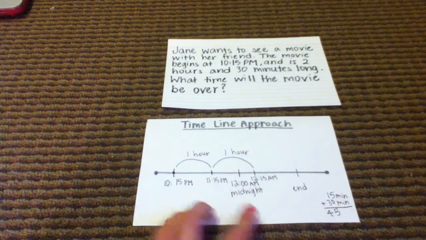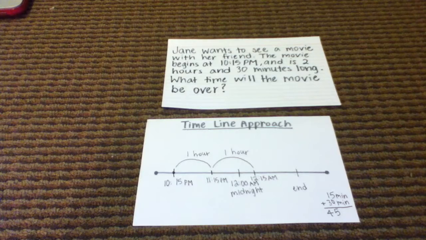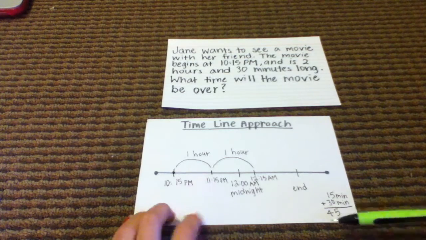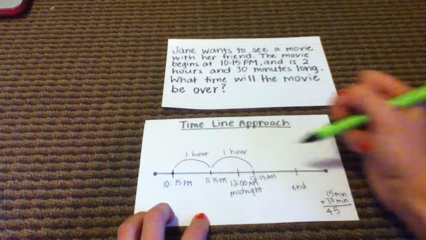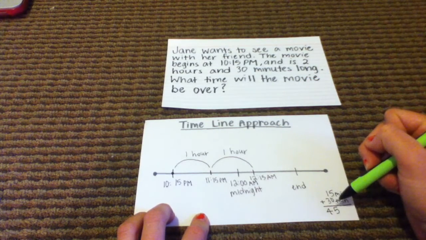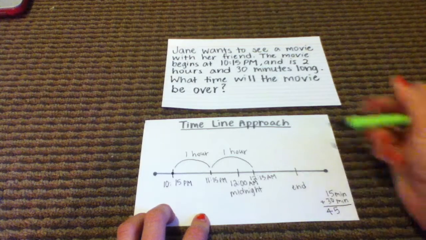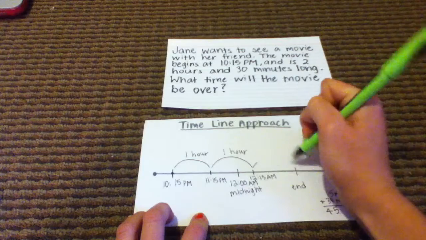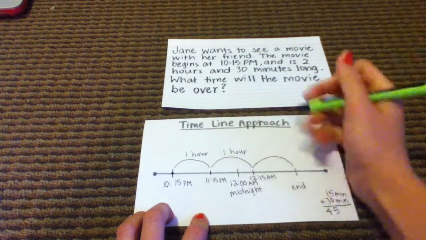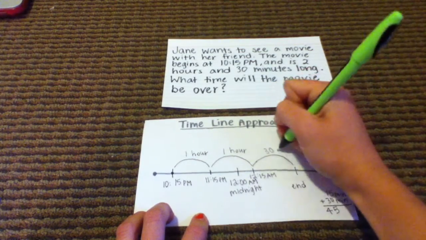And we know that since another hour would be 60 minutes, we're still good here because this is 45. So we're going to jump 30 minutes, and we said 15 adding 30 minutes would be 45. So we're going to draw a line to our end, and this is our 30 minutes jump.